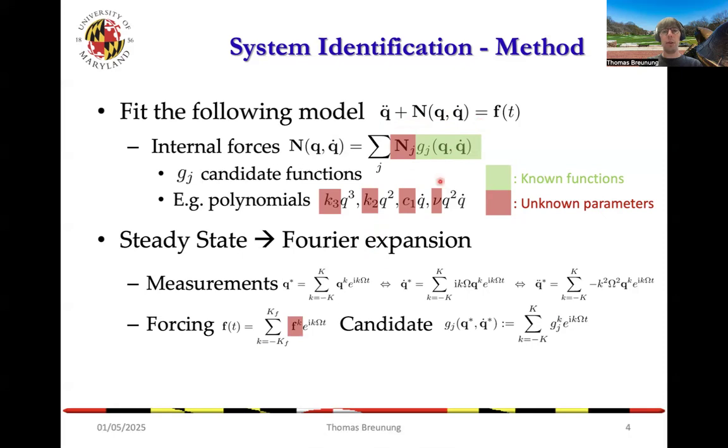Similarly, the forcing will be expanded in a Fourier series, and then by equating coefficients, one ends up with a large linear system, stacking multiple measurements in the rows of this big matrix A here. If we have enough measurements, we can end up with an overdetermined system, and then one can find a least squares fit, which gives me the coefficients of these unknown library functions.